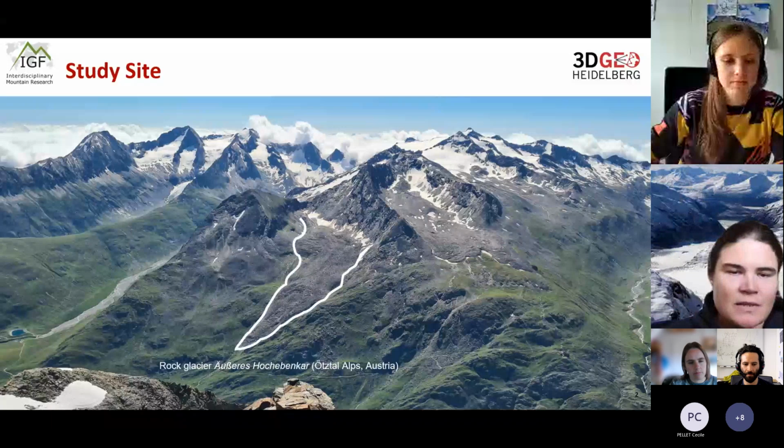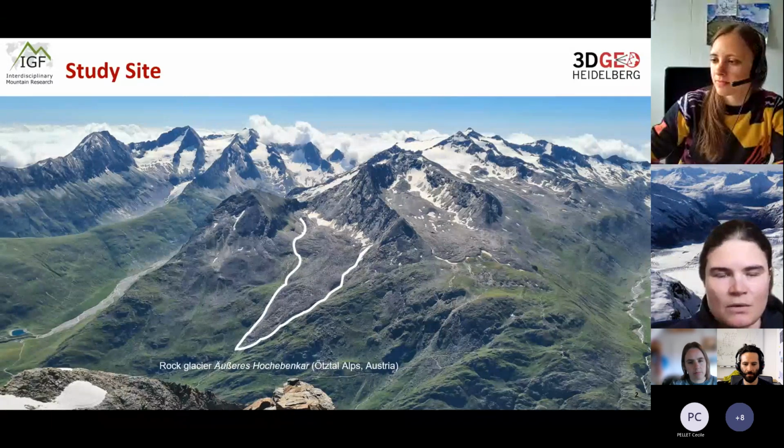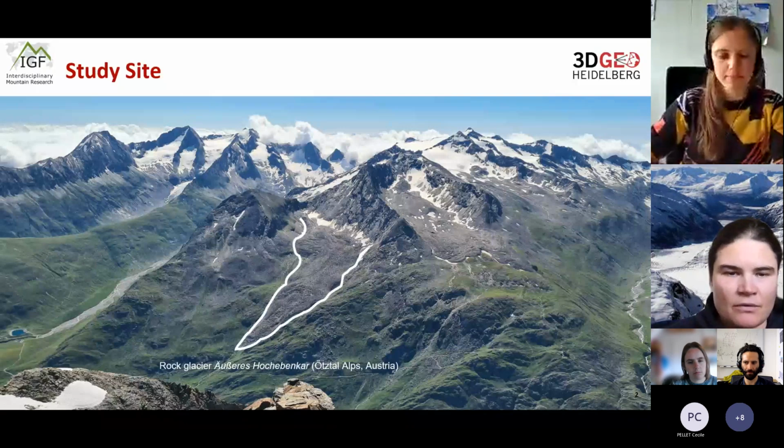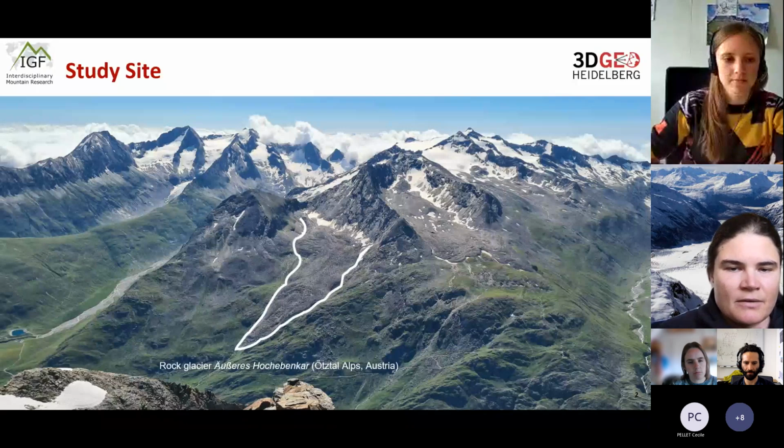Also interesting, in that picture there is an access road just below the rock glacier snout. It is a hiking trail for access to Alpine Club huts further up the valley, and that road has been affected quite a bit by rockfall from the rock glacier terminus in recent years. So we have a bit of hazard context there too.